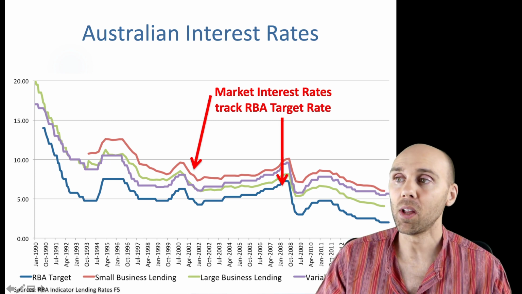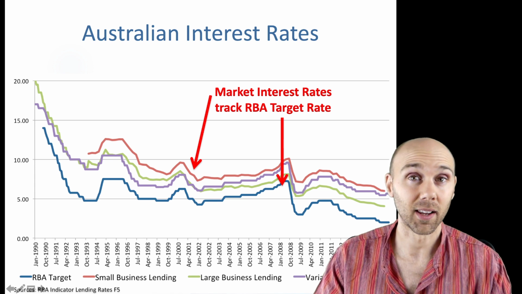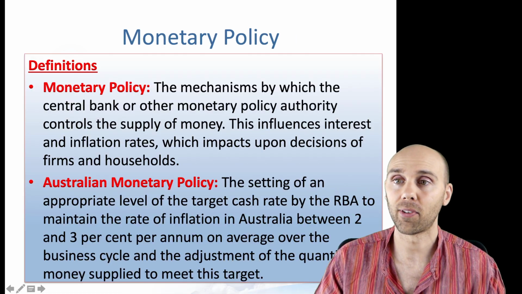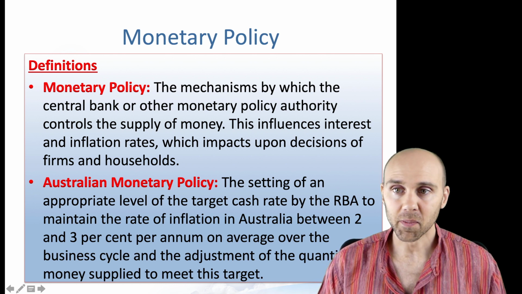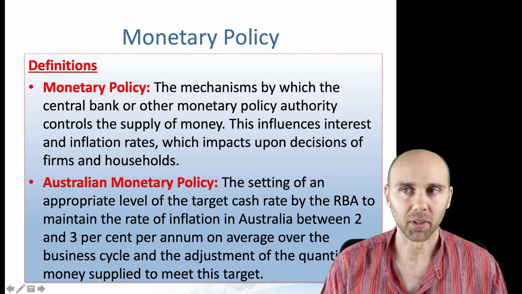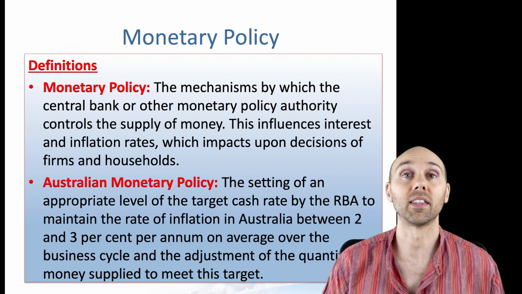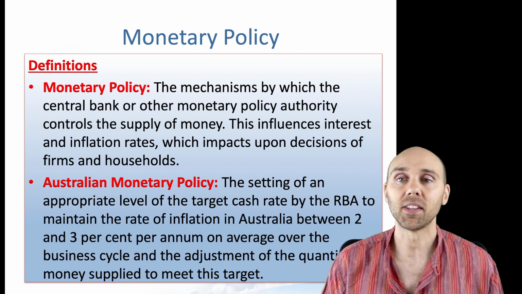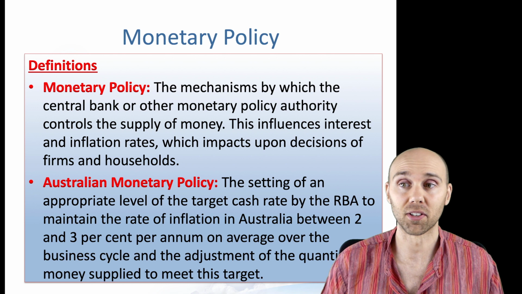Okay, I mentioned before that the RBA's actions in a policy setting are called monetary policy. So let's define monetary policy. This comprises the mechanisms by which the central bank, typically a central bank, but it can be another monetary policy authority, controls the supply of money, and this influences both the interest rate and consequently the inflation rates.